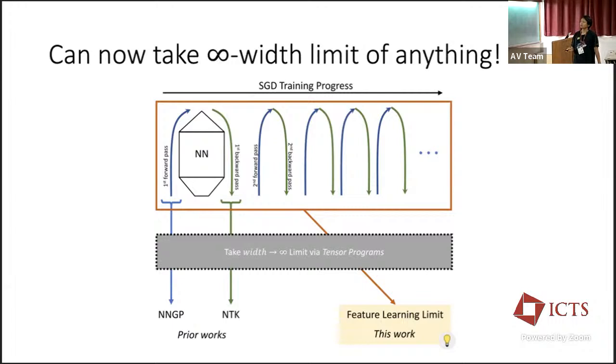So the general feature learning limit, which is the infinite width limit of muP: you put everything you care about in the box, and then you take the limit of the whole box. The box being the pre-training of the GPT you want, and then you can calculate this limit.